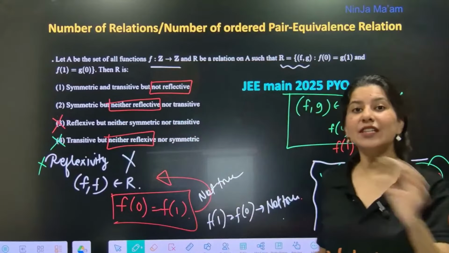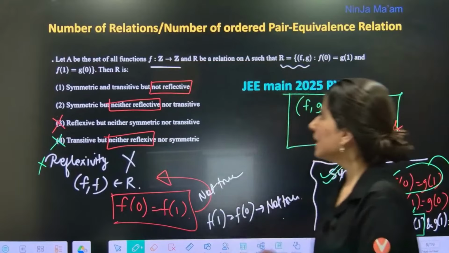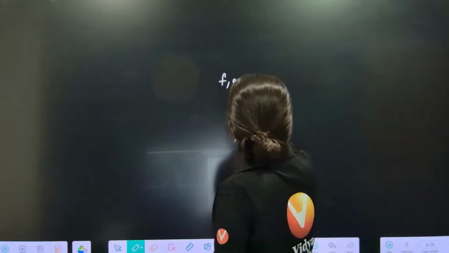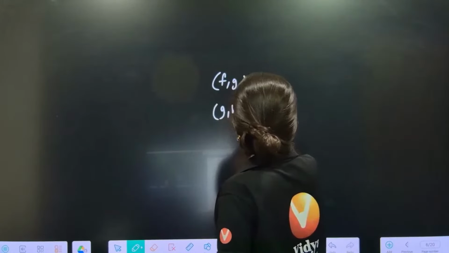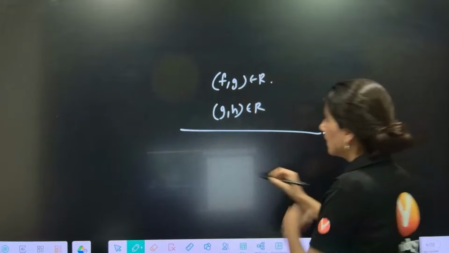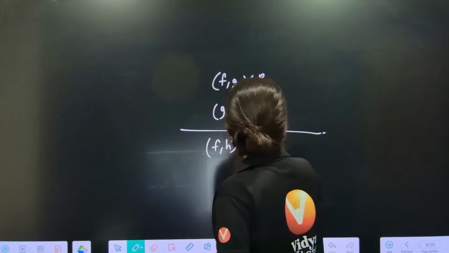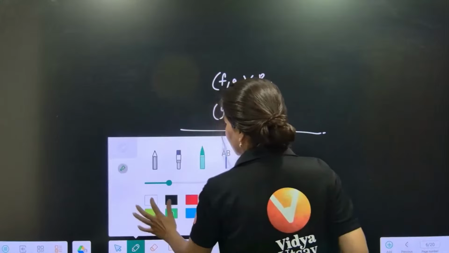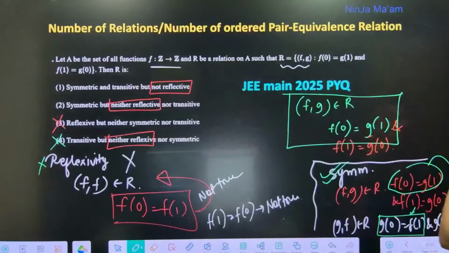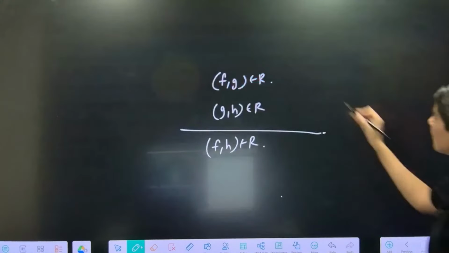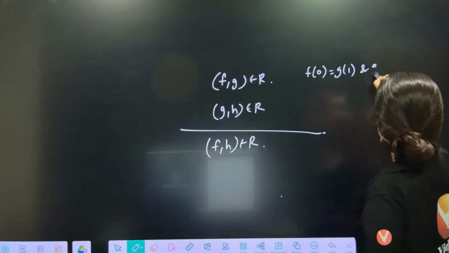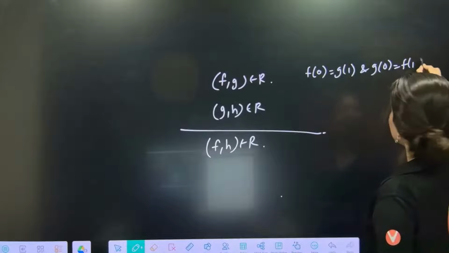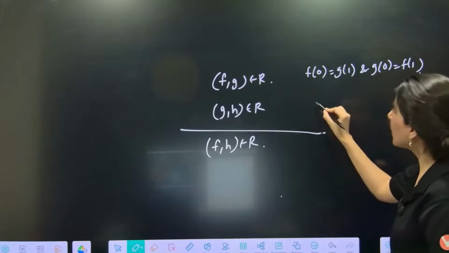Now transitivity will change the whole game. Tell me whether it is transitive or not. So f comma g belongs to R and g comma h belongs to R. That means f comma h should belong to R. Now tell me, f comma g, if they belong to R, then f of 0 equals g of 1, and g of 0 is equal to f of 1, correct? g comma h belongs to R, what does that mean?